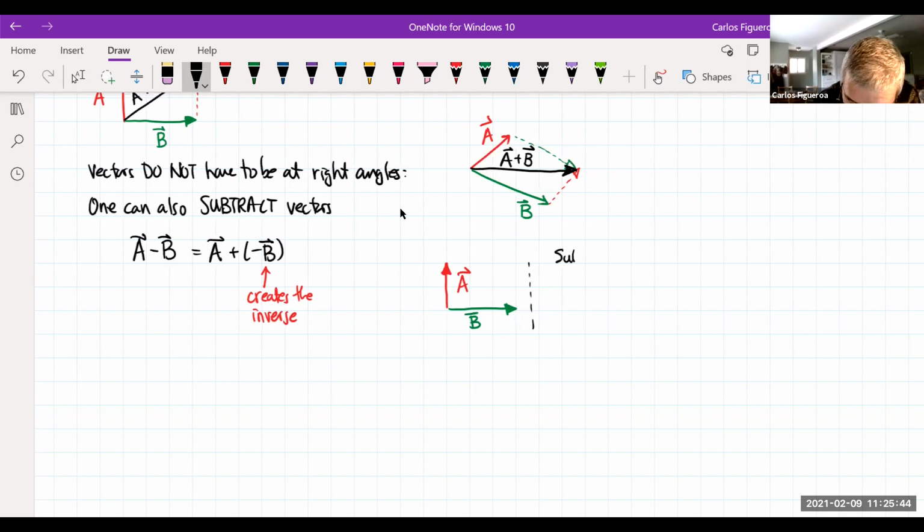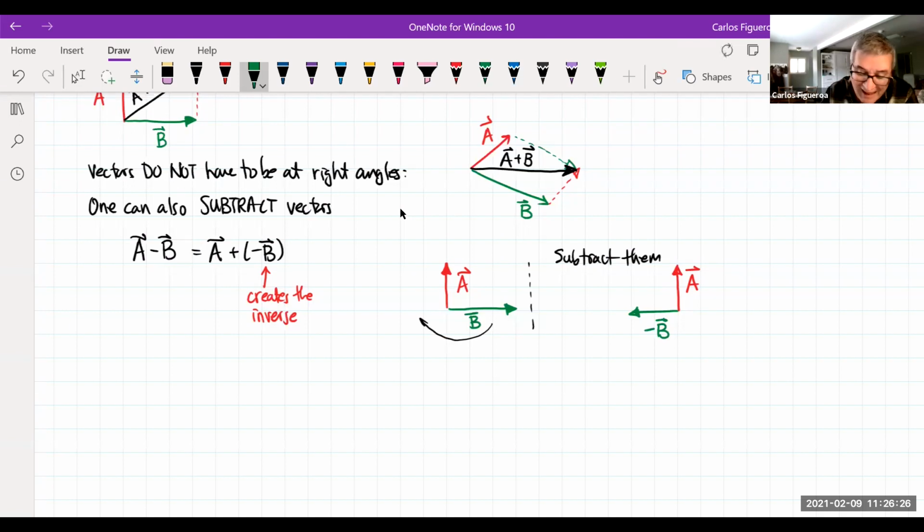So I still continue with A right here. But to create the inverse of B, I'm going to flip this guy. So you see that this gets flipped and I take the inverse of it. There's a reflection of 180 degrees. So now this becomes minus B.